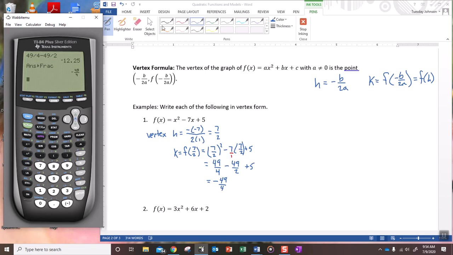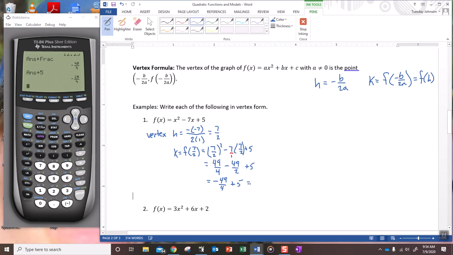So that's a little cheater's rule for you as you go forward. When we add 5, it's negative 29 fourths, and I'm going to trust it. In terms of fourths, 5 is 20 fourths, so when I add 20 to a negative 49, I'll get a negative 29 fourths. And we have now the vertex.